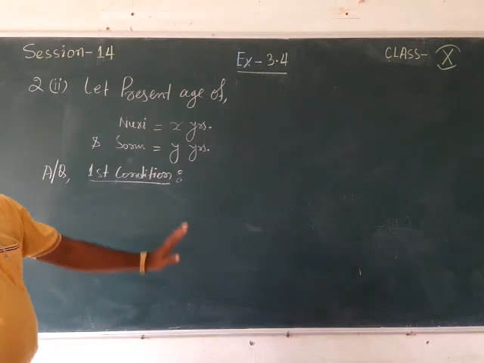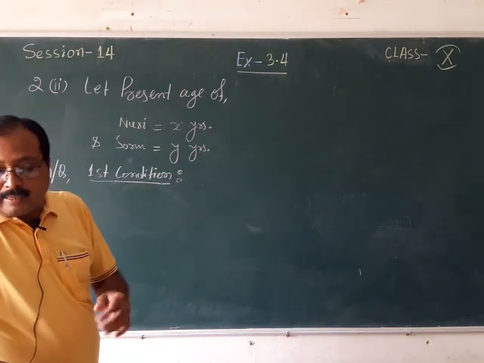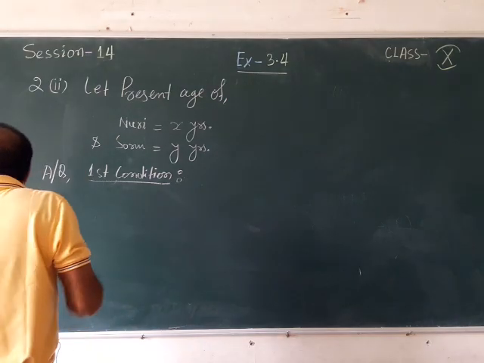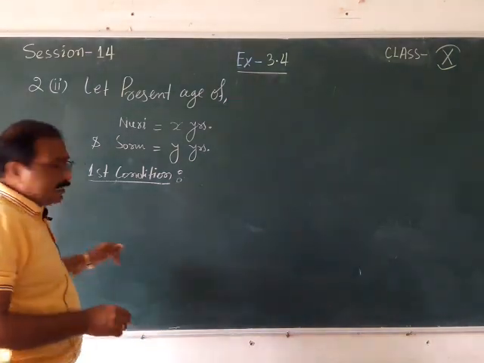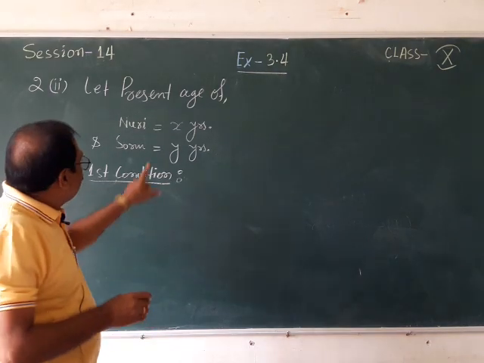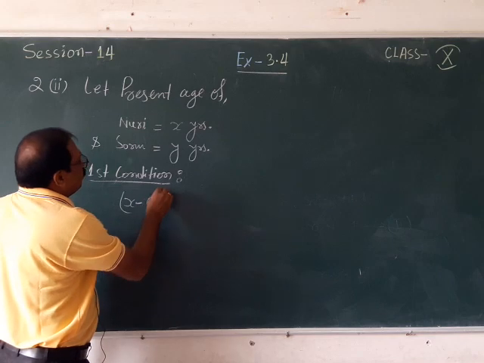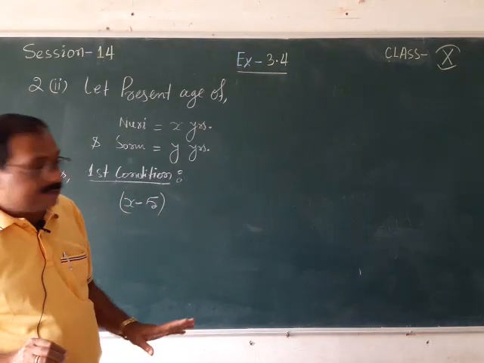The first condition is that 5 years ago Nuri's age was x minus 5 years. It is Nuri's age 5 years back.